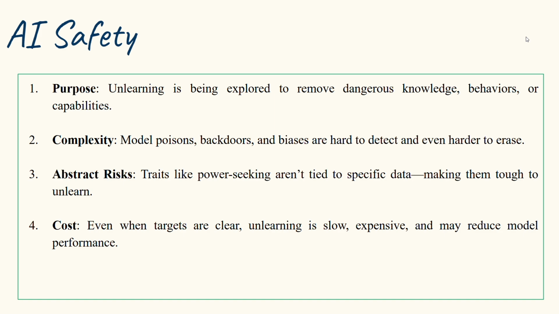Similarly, unlearning manipulative behavior or bias, which are deeply embedded in the model, is challenging. The hardest task is unlearning abstract tendencies like power-seeking behavior, which are not linked to specific knowledge. Even if we target the right path to unlearn, the process is costly, time consuming, and can impact performance.